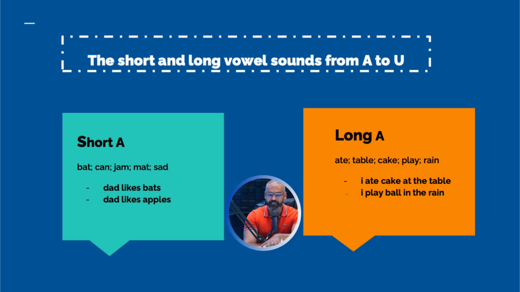You say bat, you put a sentence with a similar sound that rhymes. The first word rhymes with the last ones. Dad likes bats, dad likes apple.